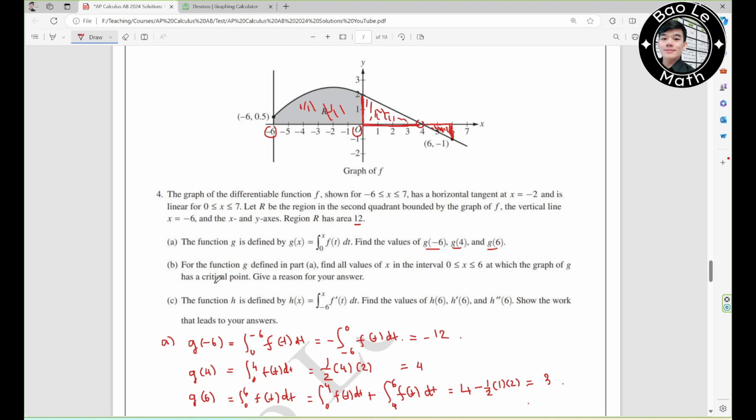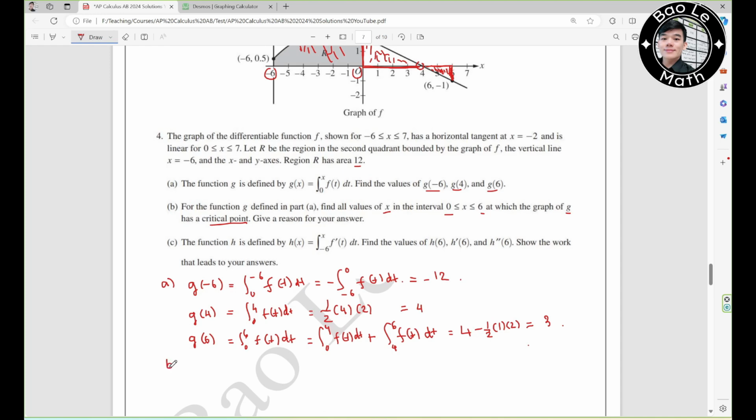Now let's move on to question B. For the function g defined in part A, find all values of s in the interval from 0 to 6 at which the graph of g has critical points. Okay, so we know that the critical points occur when g prime of s equals 0 or g prime of s is undefined.